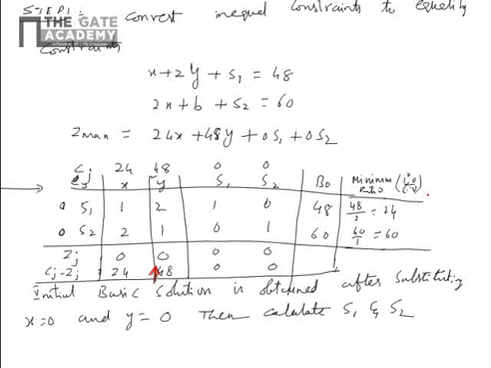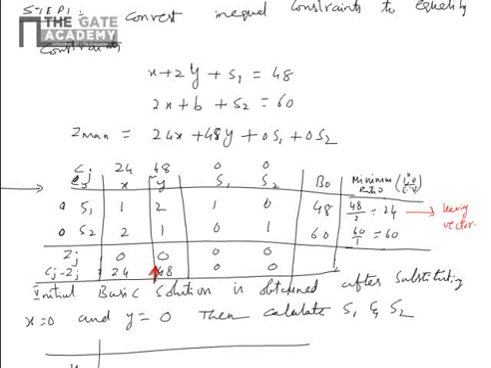Out of this, whichever is minimum gives the leaving vector. So the minimum is for S1. S1 leaves the solution, S1 will go out of the solution. It's called the leaving vector, and y is the entering vector. So after doing this step, next enter y into the solution.